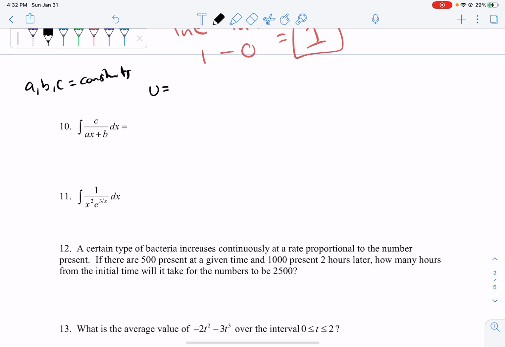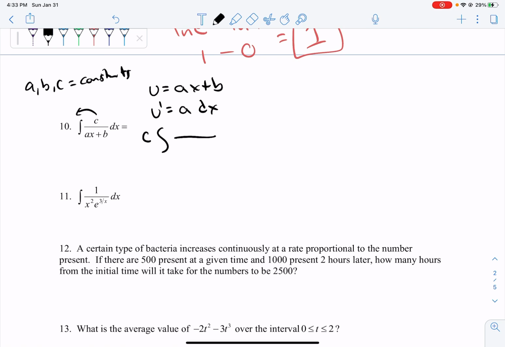So if we say, let's let u equal ax plus b, then u prime is just going to equal a dx. And since c is just a constant, that can move out front. So I can rewrite this as c integral.